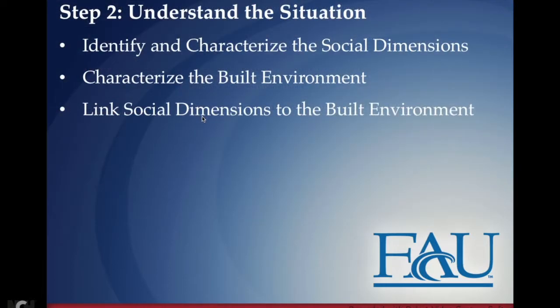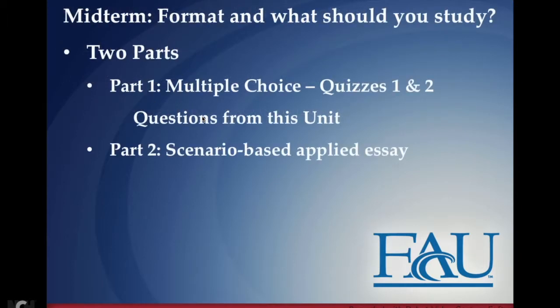Step 2 in the NIST report is to understand the situation: identify, characterize the social dimensions, characterize the built environment, and link social dimensions to the built environment. These are all described in the report here, and I'm just going to move on to the next one.